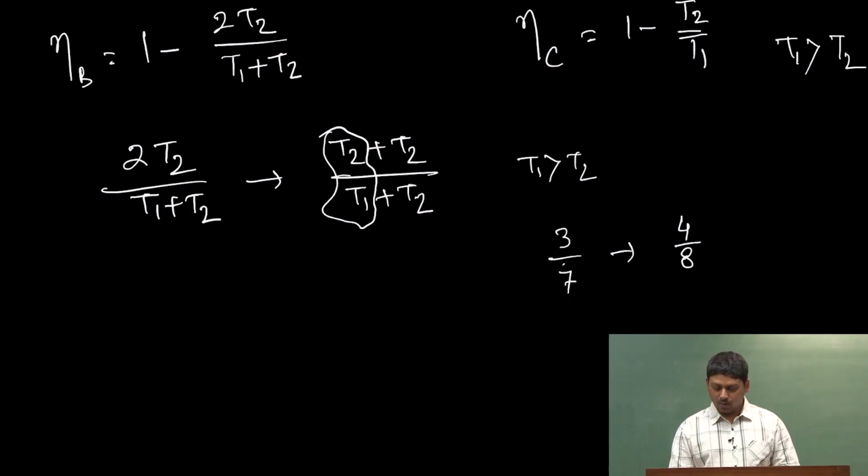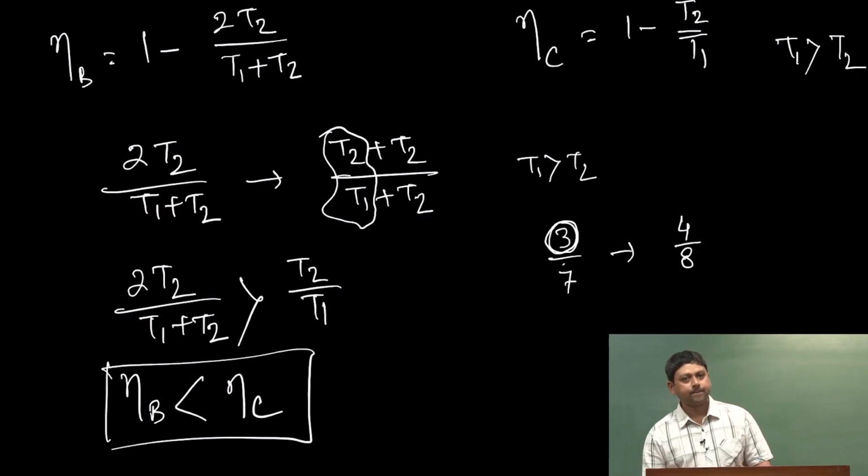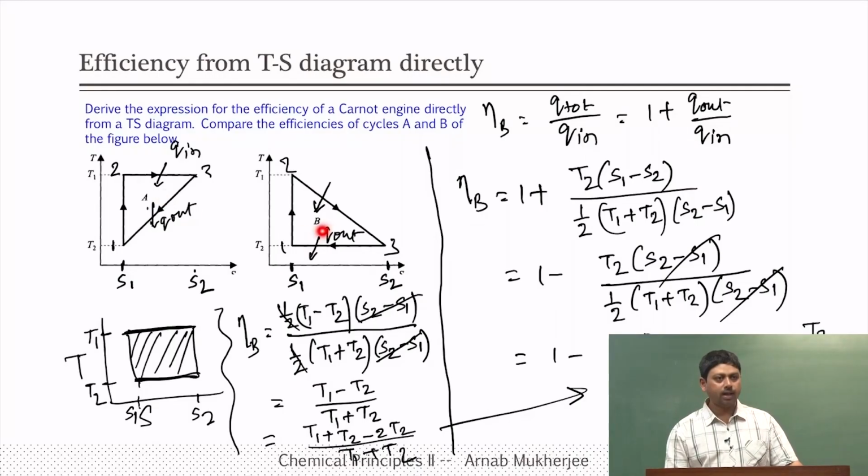Is 4 by 8 bigger or 3 by 7 bigger? 4 by 8 is bigger, right. So adding this will have a larger effect. So this quantity 2 T2 by T1 plus T2 will be larger than T2 by T1. Therefore, the efficiency of B will be lesser than that of C. That is my analysis on that. This will have half the efficiency, slightly lesser depending on the value.